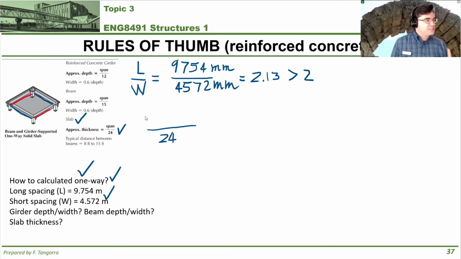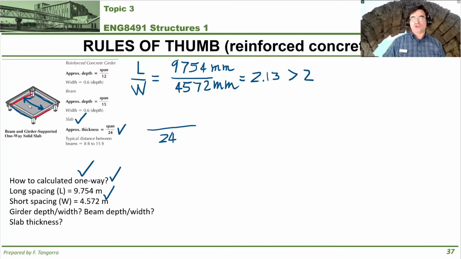The way that it works in this case, it's the short direction because we're looking basically at the distance between beams here. Okay? And beams are always oriented, if they're the secondary structural elements, in the long direction, right?